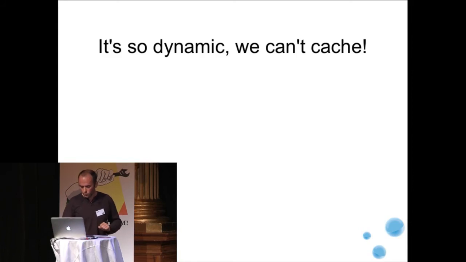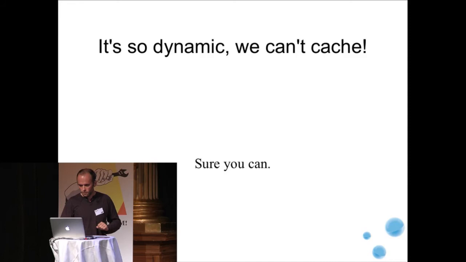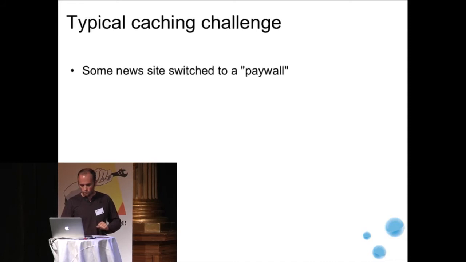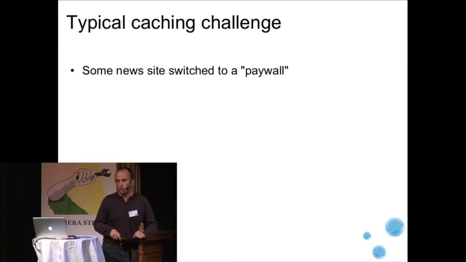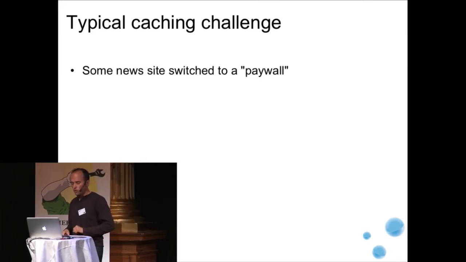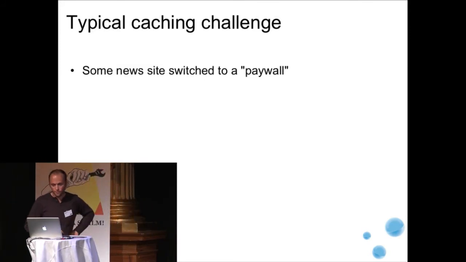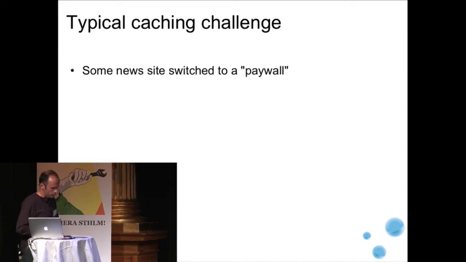Okay, so here's the caching challenge. Some news sites decided to switch to a paywall. Typically, this would be a news site owned by Rupert Murdoch, like the Times or the New York Times or something.